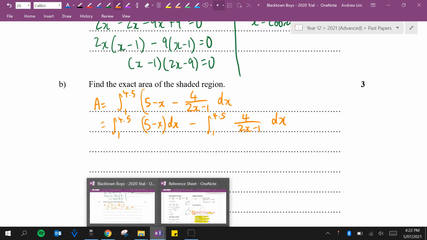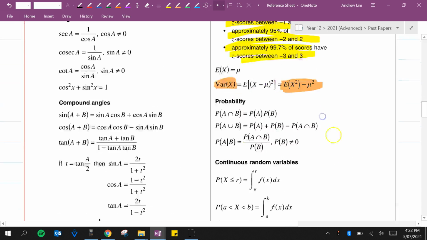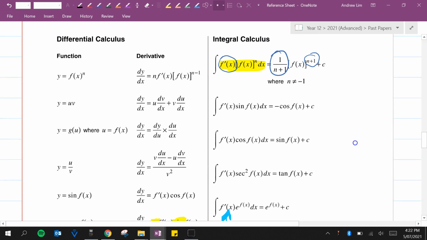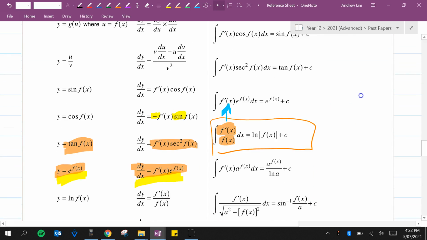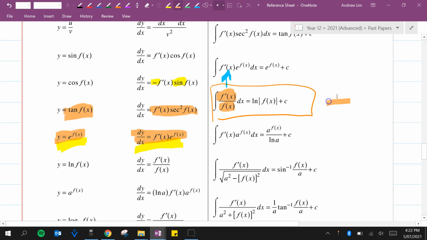So if I go back to my reference sheet, let's have a look and see what we need to do there. Okay, so we've got a fraction, we've already done a question like this before. In order for us to integrate it, we need to have f dash of x in the numerator.